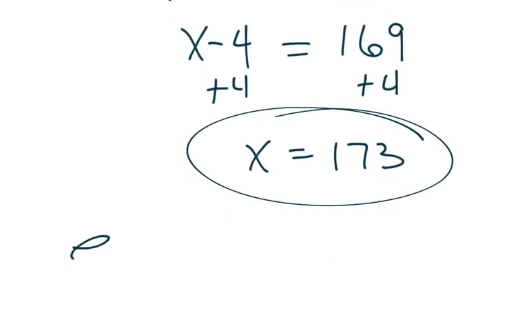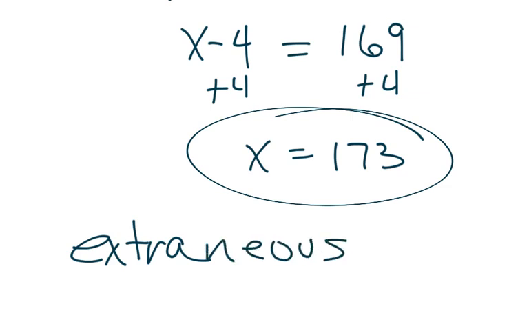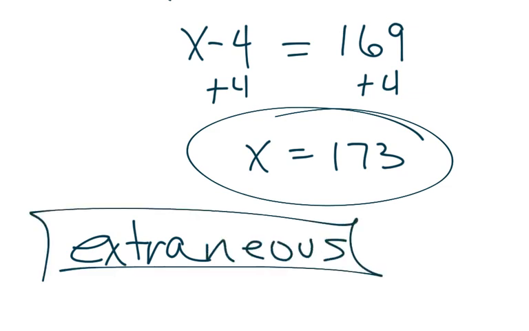Because sometimes you can get an answer that is just a little bit extra. We don't call it extra. We call it extraneous, all right? But it means extra. All right, so you always need to be looking for extraneous solutions when we start to solve radical equations.